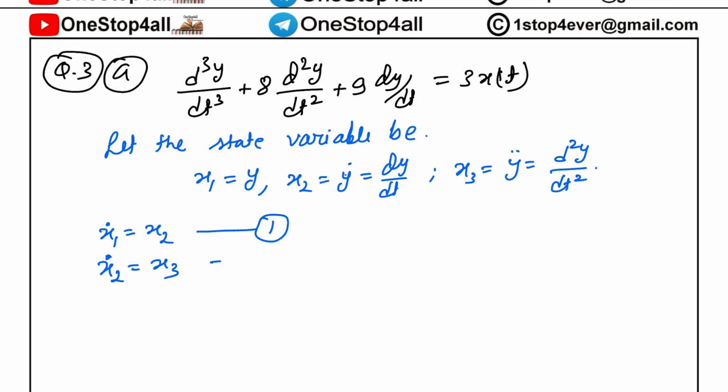So, this will be your x3, that is equation number 2. And x3 dot will be what? For this one we need to solve this equation. Okay. What is this equation?